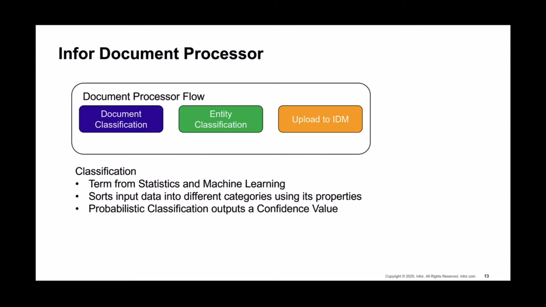So if you're looking for a particular invoice, you're able to search based on invoice number, for example, or you want to see all invoices within the document type that are above a certain dollar amount. You can do that as part of the attributes in IDM, and we allow you to upload the document directly to IDM alongside the relevant attributes that you want to extract and save, directly from the document processor flow. So those are three key activities.